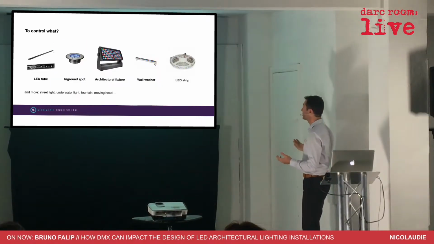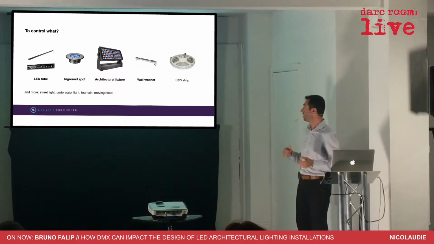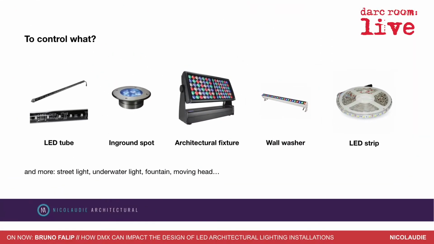What kind of device can you control? Everything: LED tube, in-ground spot, big architectural fixtures, wall washers, LED strips. This is available for street lighting as well, underwater, fountains, moving heads. I know moving heads is not really what we might talk about here, but this is something that is possible as well for what we call architainment.